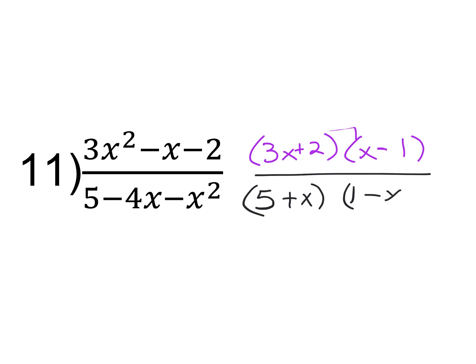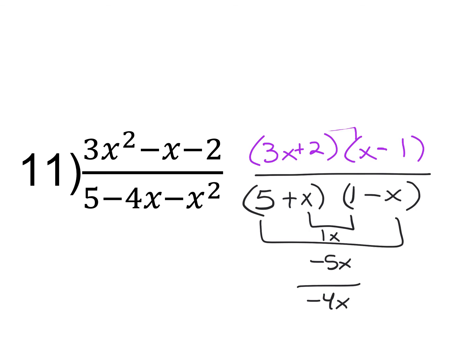Now, again, it's important where the plus sign goes and where the minus sign goes. So, again, FOIL it. This gives me negative 5x. This gives me positive 1x. When I add them, I get the negative 4. If I would have put the subtraction here and the addition here, you would get it wrong. So you do have to FOIL it to make sure that you put the signs in the right spot.